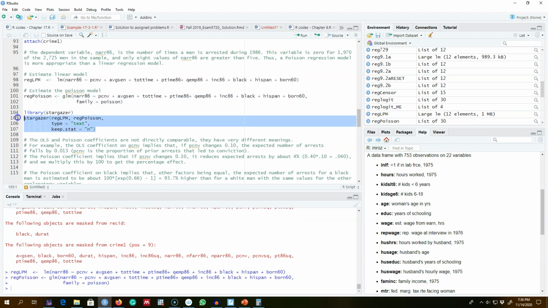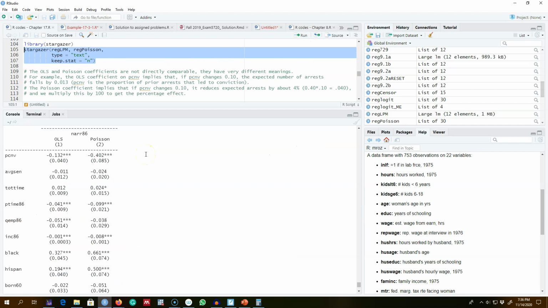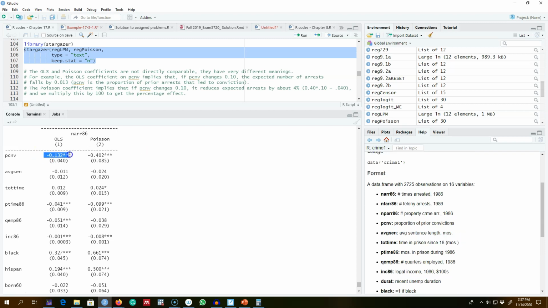So let's compare the results. As I said earlier, although the OLS and Poisson coefficients are not directly comparable, we can get a rough estimate about the comparison. For example, the coefficient on the proportion of prior convictions is about 0.13 in the case of OLS and about 0.40 for the Poisson estimate.